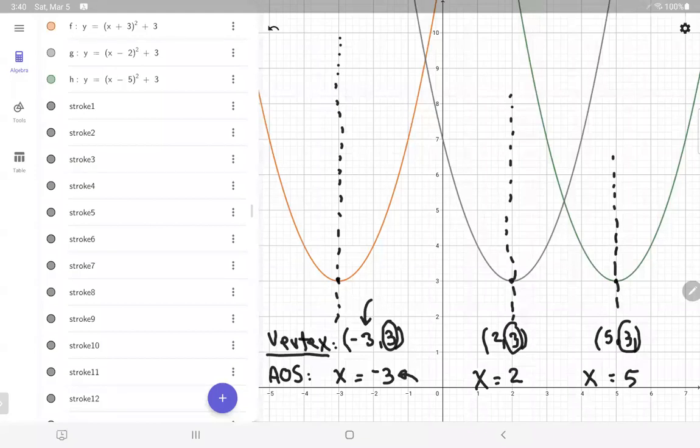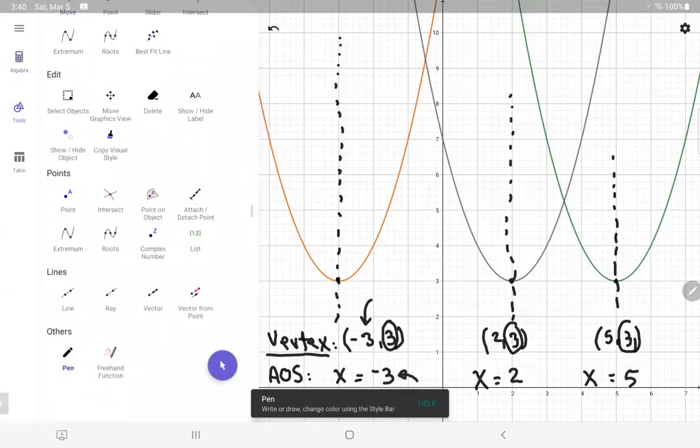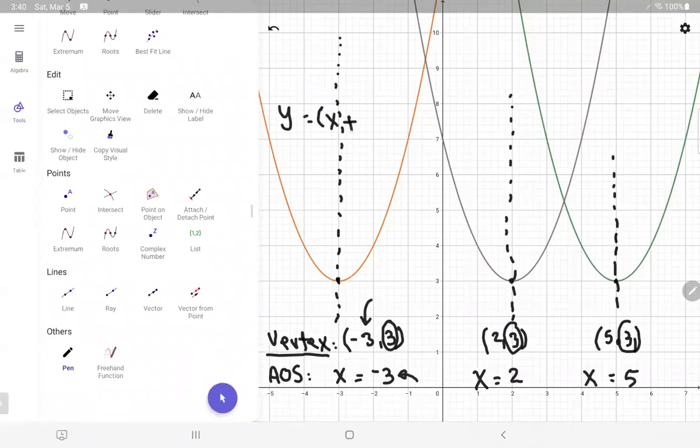Okay. So let me write the equation here just to make it clear for everyone. He's talking about this 3. He can rewrite this to be x minus negative 3 squared plus 3.